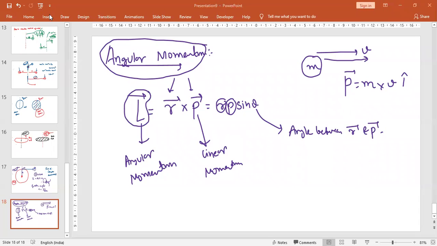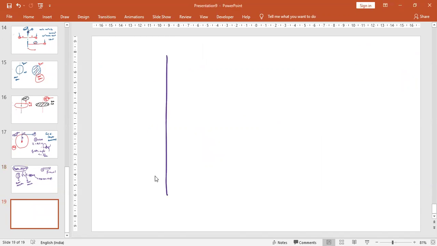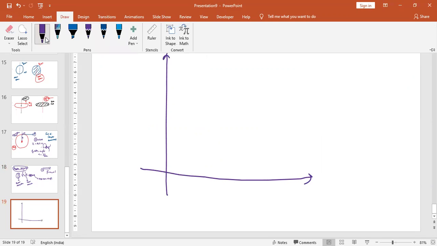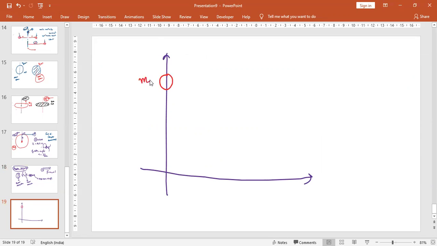Okay, so how to calculate angular momentum now? Suppose it is given in the question that we have a mass m moving in that direction with velocity v. Suppose this is your origin O, and suppose this distance is given to be y.